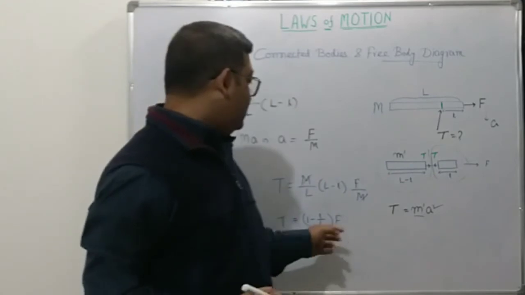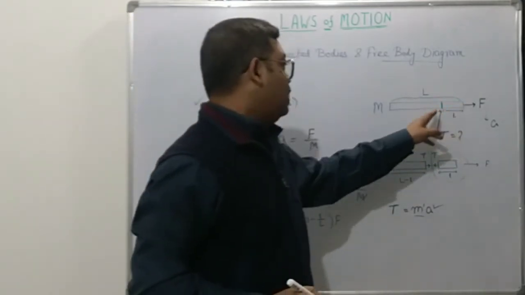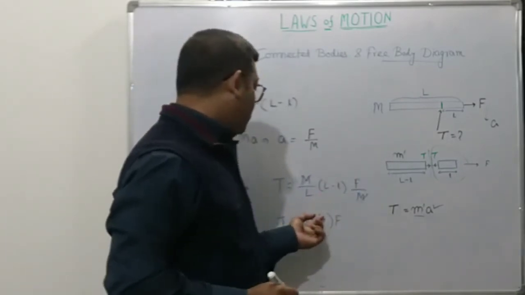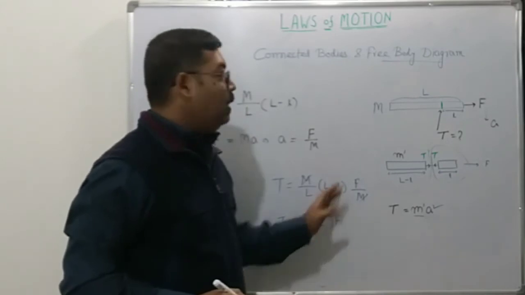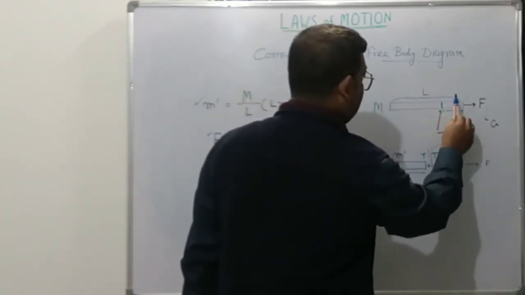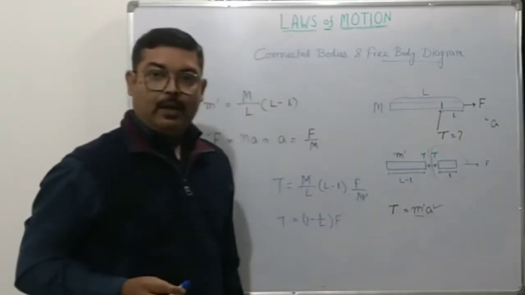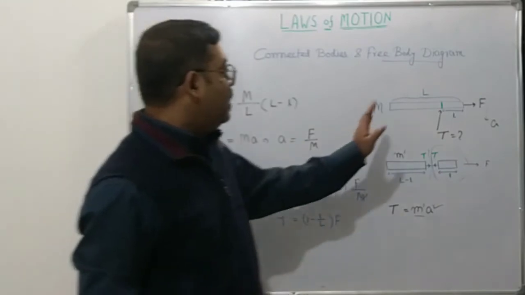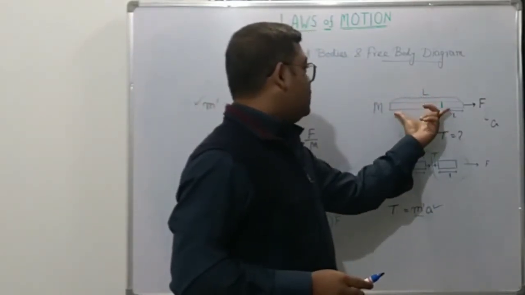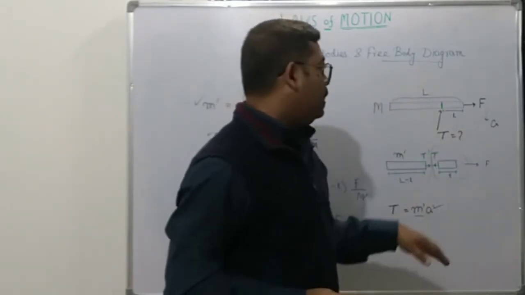So this tension is dependent on the small l. The larger the value of small l, the tension will keep on decreasing, and the smaller the value of small l, the tension will increase, which means that if this point is taken towards right, the tension will be lower, and if it is towards left, the tension will be higher. This is necessary because if we move in this direction, this length increases, meaning the mass on the left increases, which means we will need more force to accelerate it.